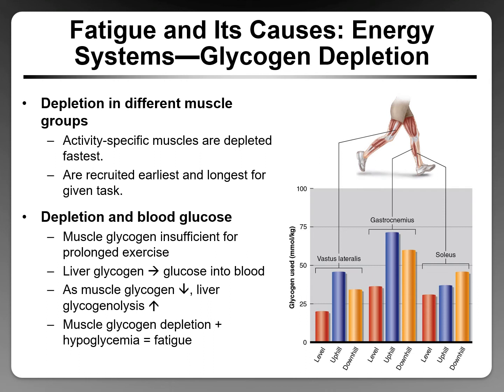That means I've got to pull glucose from somewhere. This tends to be from my liver glycogen, which converts to glucose in the bloodstream. However, as our muscle glycogen declines, our liver glycogenolysis is going to go up. We're breaking down glycogen in the liver. If we have muscle glycogen depletion plus hypoglycemia, so low blood sugar, we're going to have fatigue.